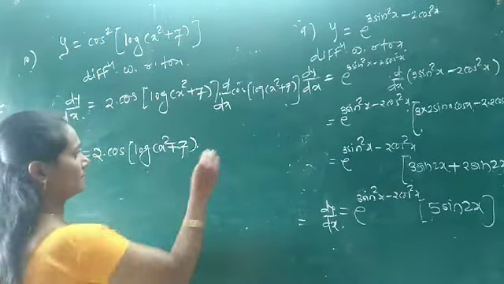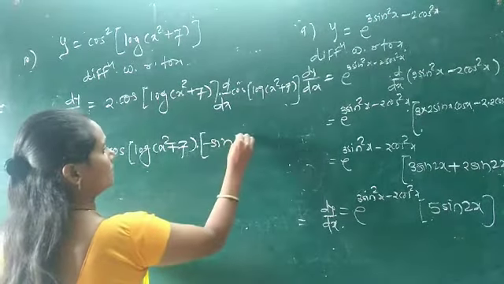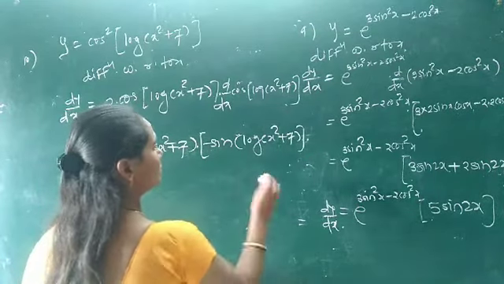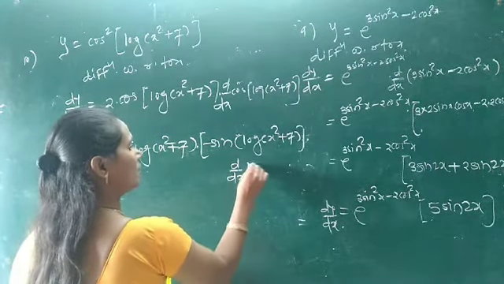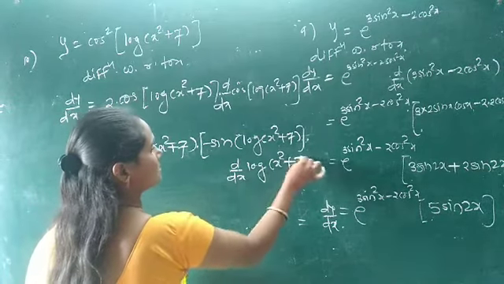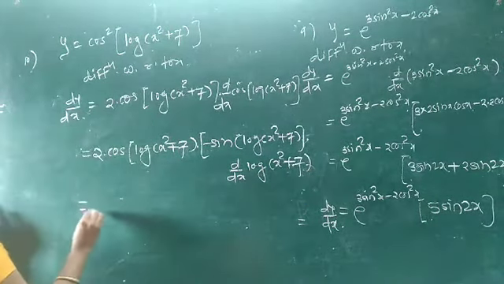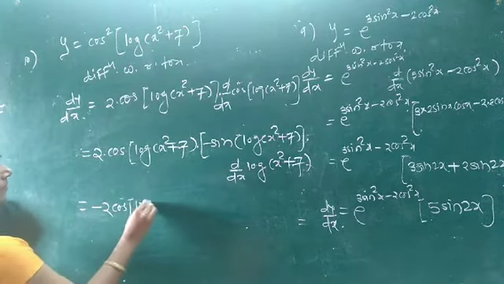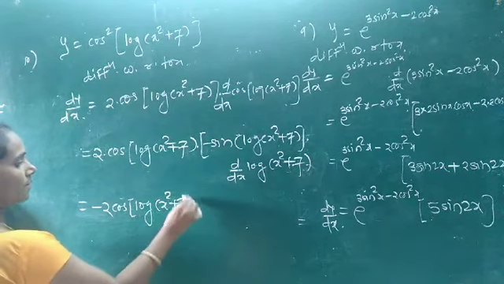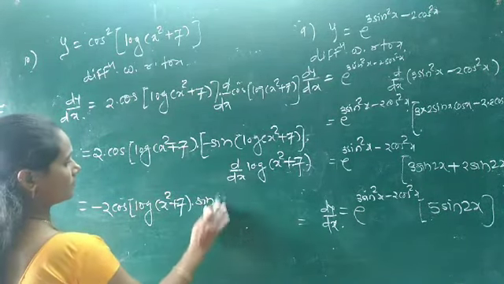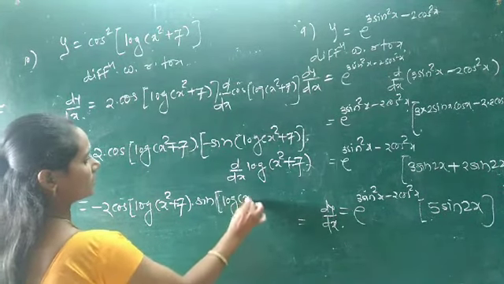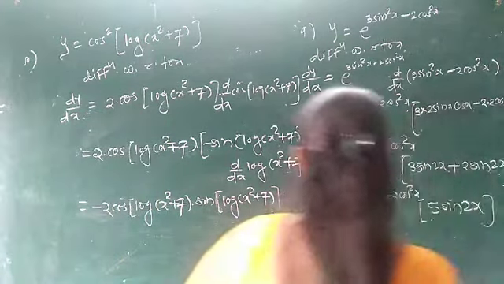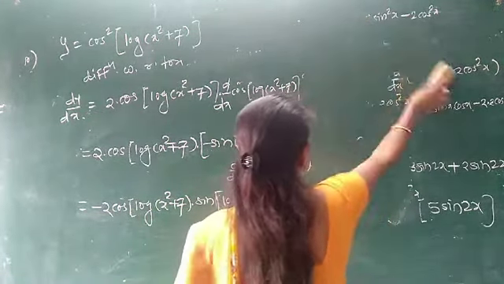So minus sin of log of x square plus 7 into the derivative of log of x square plus 7, is equal to minus 2 cos of log of x square plus 7 into sin of log of x square plus 7 into the derivative of log of this function.